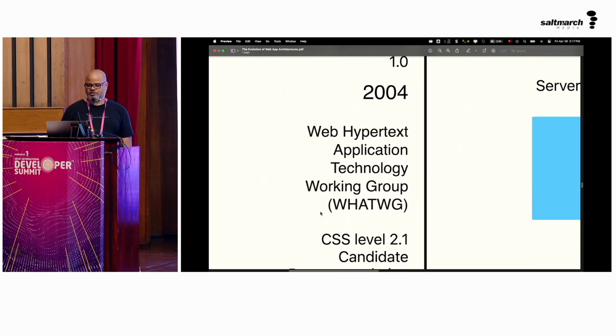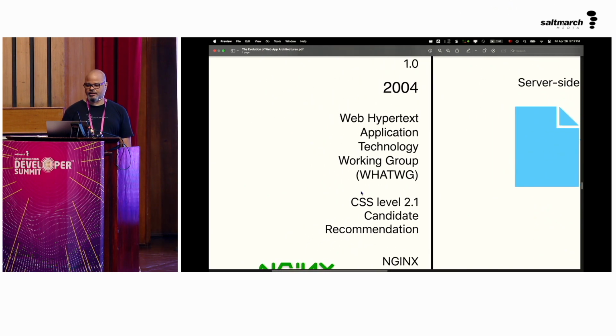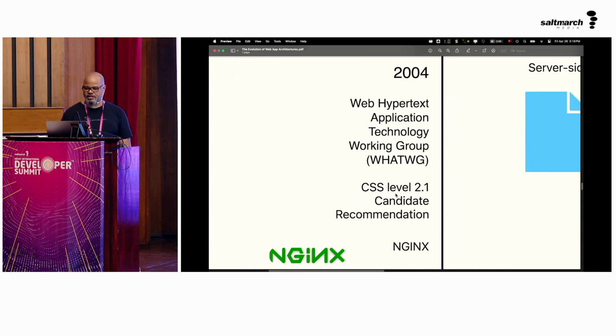Okay, so we get to 2004, and due to some complaints about the way W3C was handling HTML, the Web Application Technology Working Group was created by basically all the major browser vendors, and they said, "All right, we're going to take HTML forward." And the main reason they started it was because the W3C was pushing XHTML.